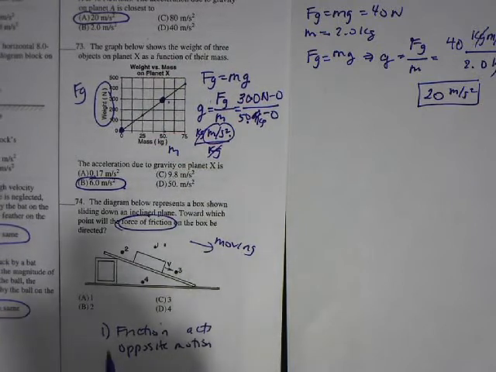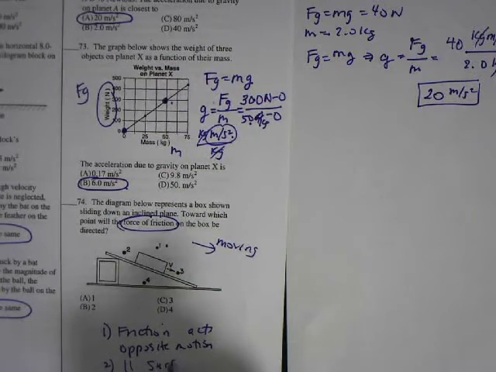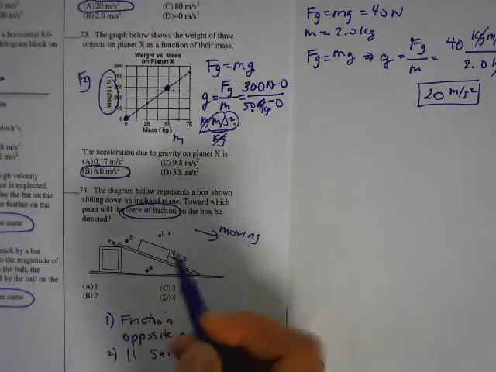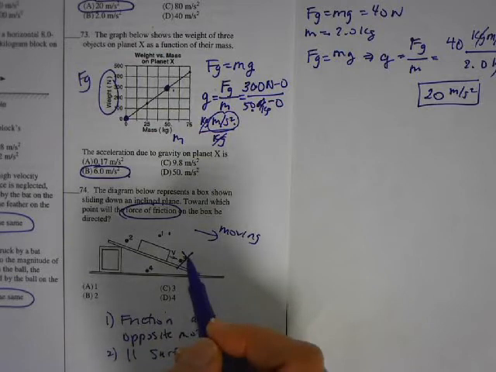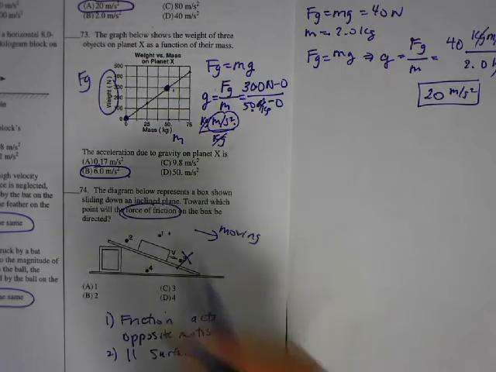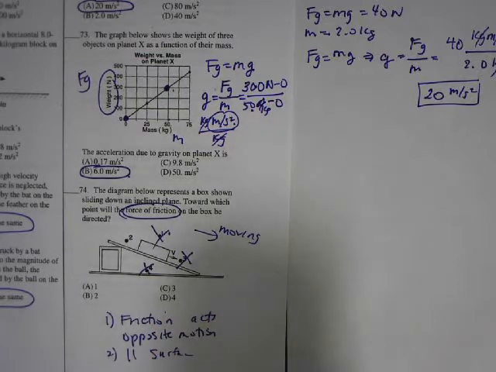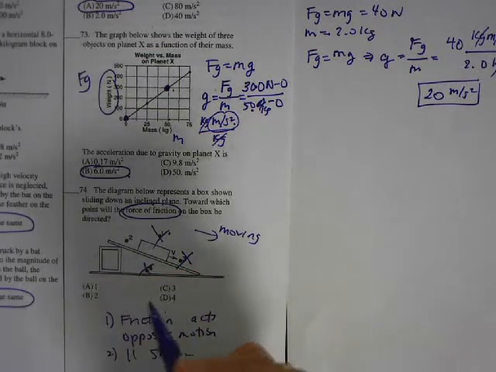Then we also know that friction acts parallel to the surfaces in contact. So I can eliminate choice 3 because that's the direction it's moving, and I can eliminate 1 and 4 because they're perpendicular. So the choice is choice 2.